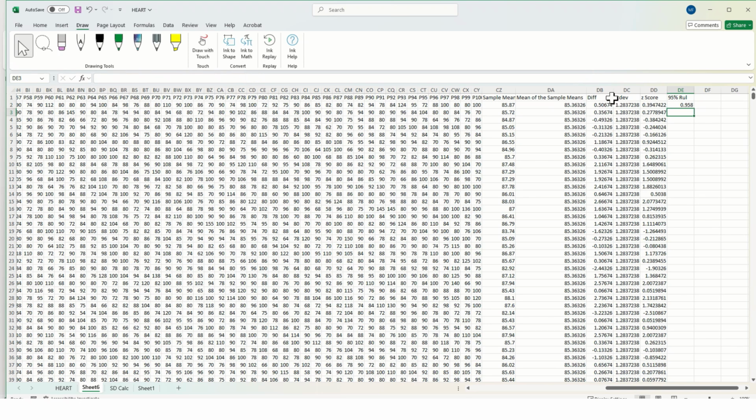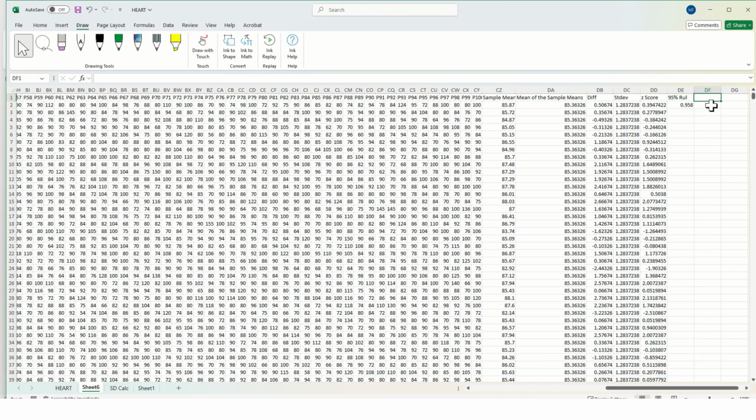Now we see that all these sample means, which we had already visually seen were normally distributed, are confirmed by the 95% rule: 95% of these values are within 2 standard deviations.